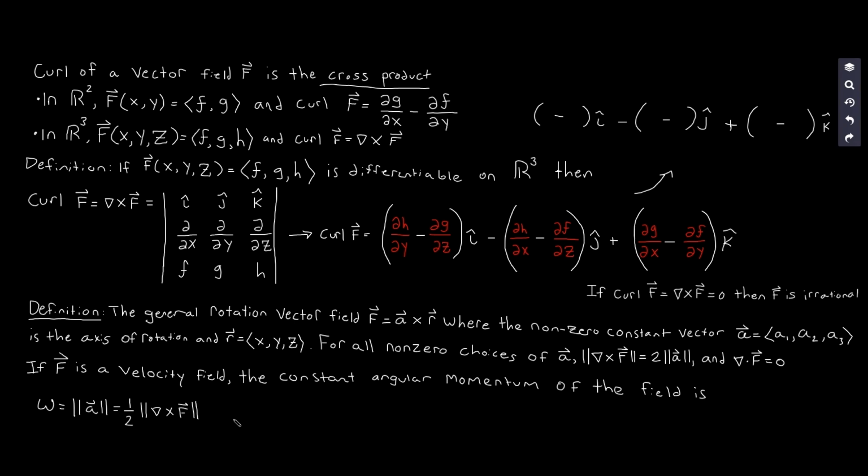That is omega, which shows the constant angular velocity of the field, equals the magnitude of vector a, equaling 1/2 times the magnitude of del cross vector f. One thing to note is that if the curl of vector f, the gradient cross vector f, equals 0, then vector f is irrotational.